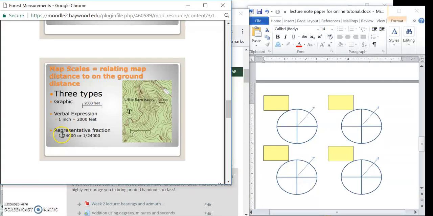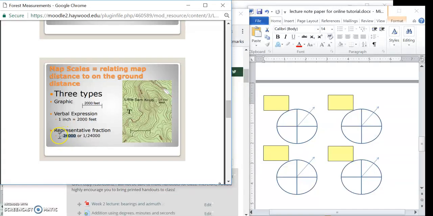Notice there are no explicitly stated units on the representative fraction, and that's because what this is stating is that whatever units I measure on the map side, could be inches, could be centimeters, that represents 24,000 of those same units on the ground. So a little bit of math here.